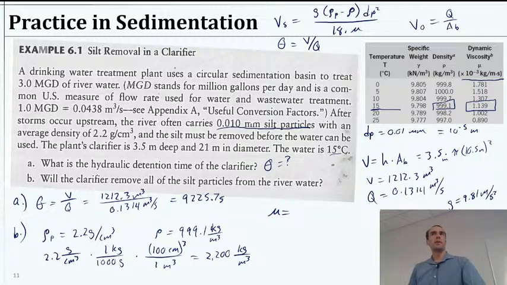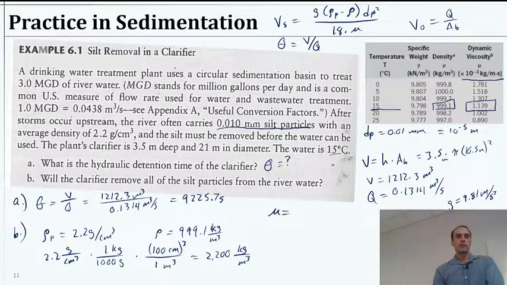All right, how you feeling about it? Okay. Q is the flow rate that was given in terms of the plant treating some amount of river water. So that's the 3 mgd here. mgd stands for millions of gallons per day.